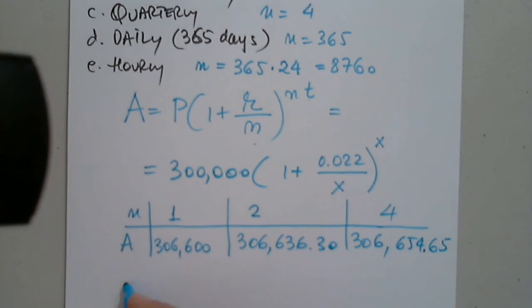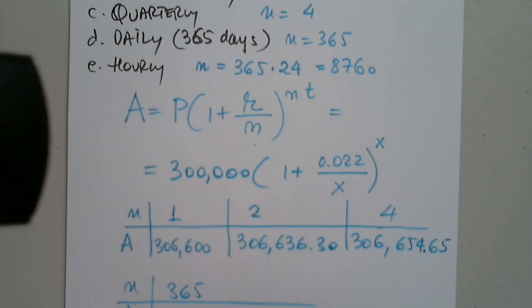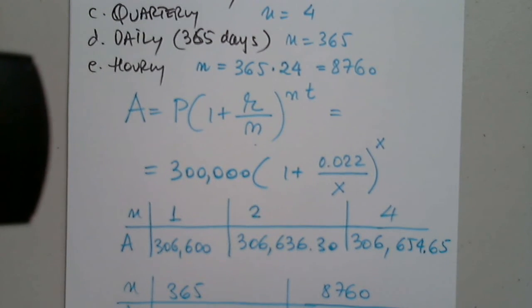Okay, now we have for n equals 365. Scroll down. 306,672.93. And finally for 8760, last one, 306,673.13.